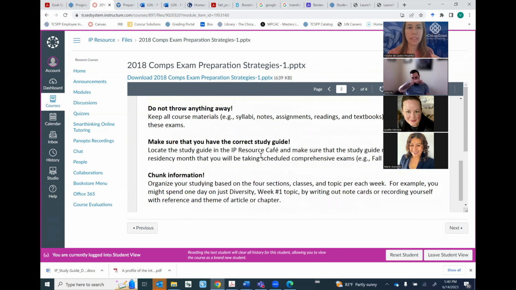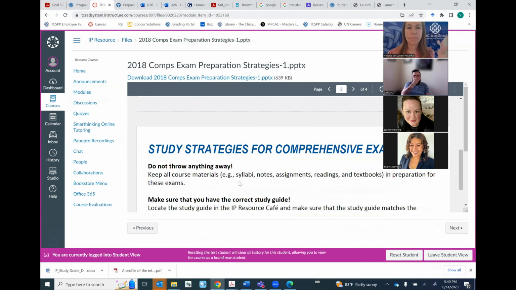So for instance, the first one: keep all the documents from your courses, the syllabi, the notes, the assignments. You probably had courses in the past that told you to pay attention, because these questions may resemble the written comprehensive exams, okay?